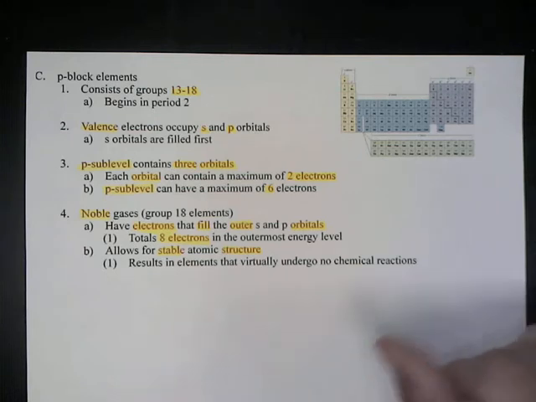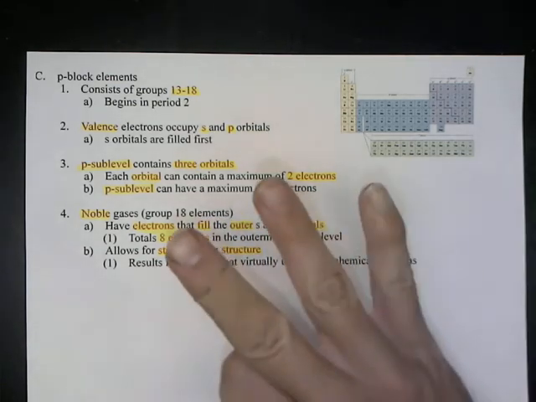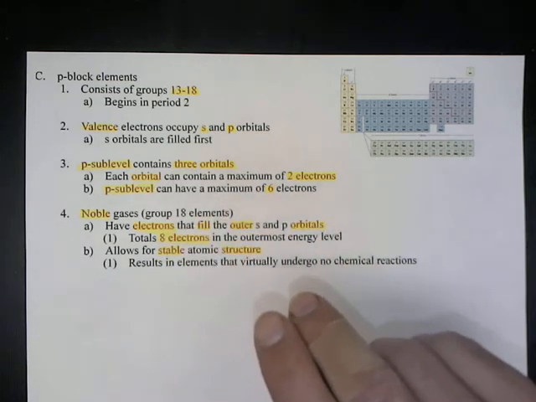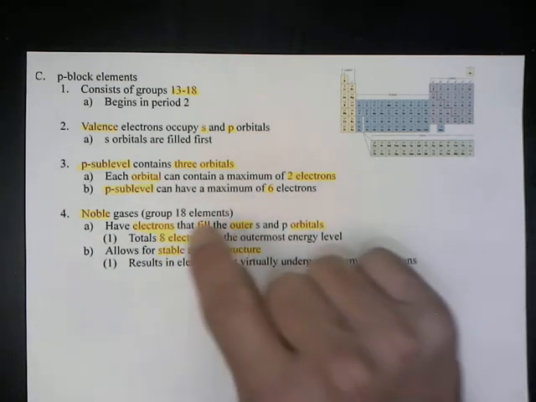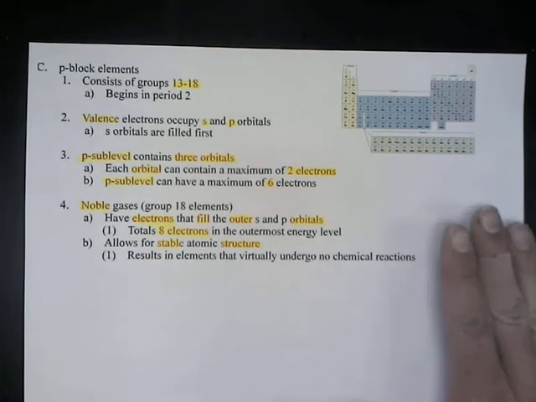Now this is going to play a role when we talk about noble gases, but each P sublevel has 3 different orbitals. Each orbital can hold 2 electrons, so if we take 3 times 2, a P sublevel can hold a maximum of 6 electrons.